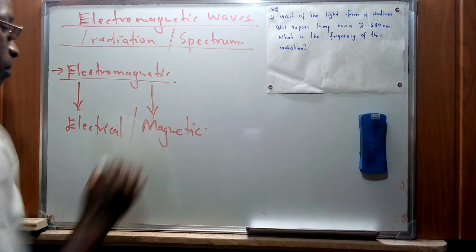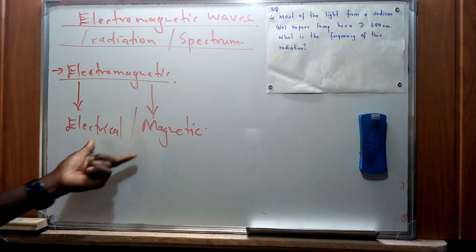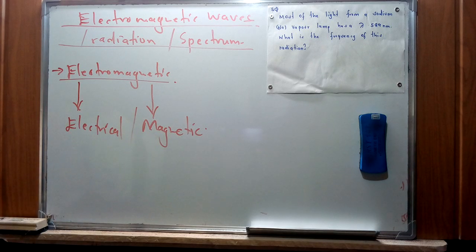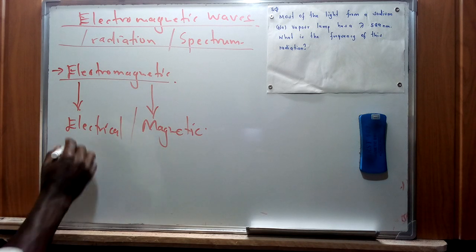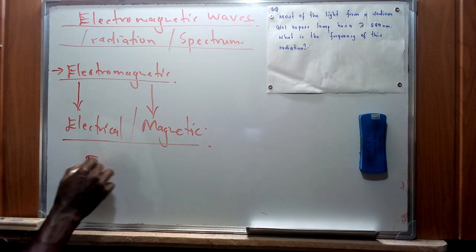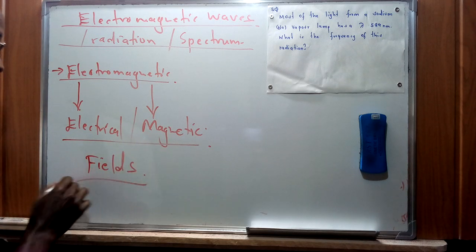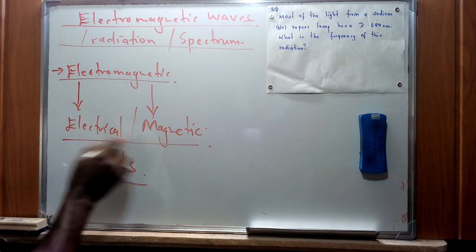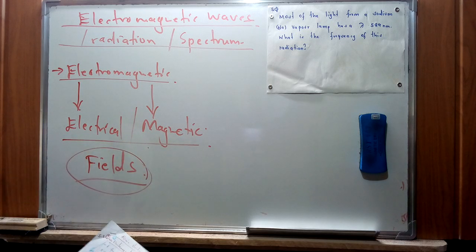Basically this is a compound word formed from the joining of the terms electrical and magnetic, which in actual sense refers to a form of energy that appears in the form of fields, which we are going to describe using an illustration. So this is a combination of electrical and magnetic fields, which of course are oscillating and causing disturbances.